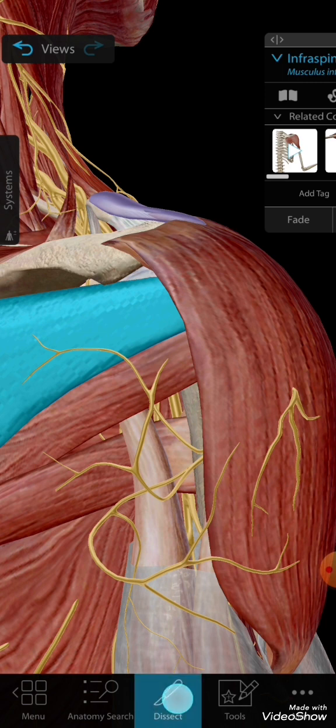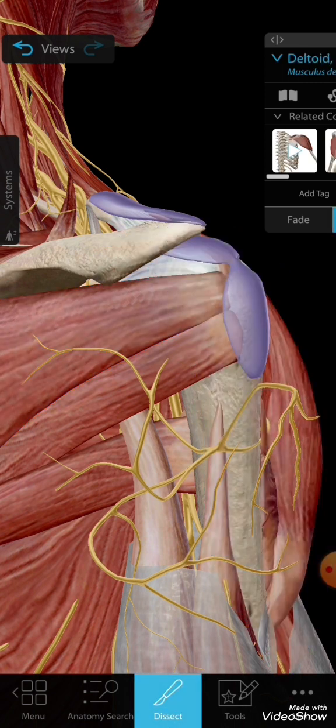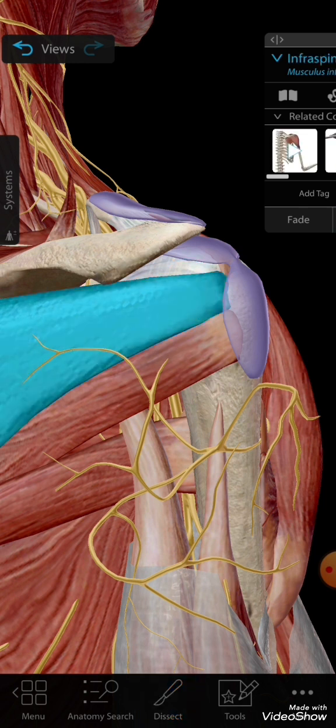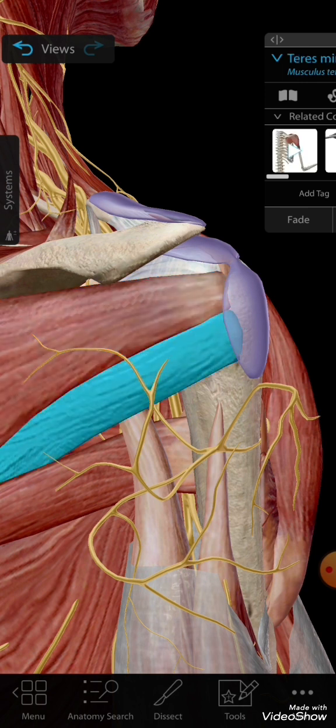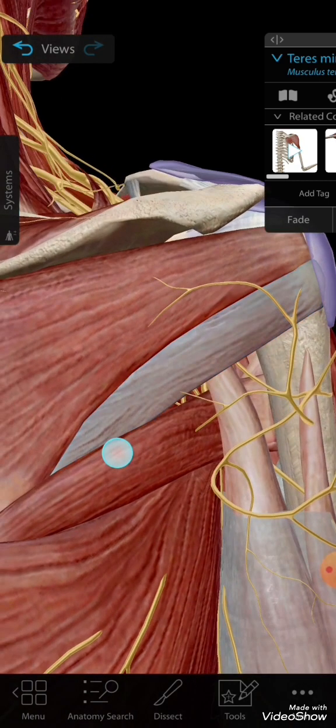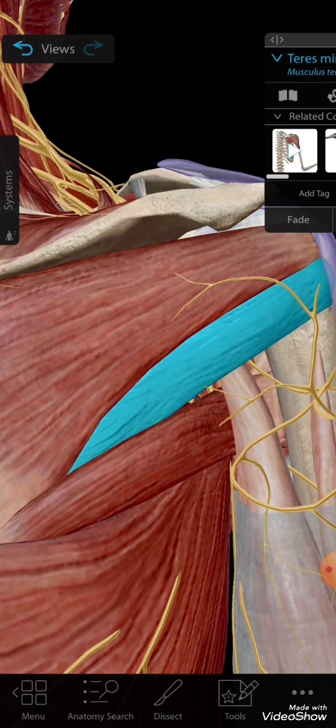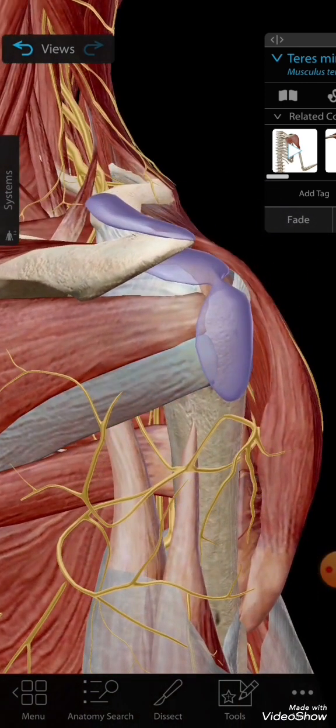As you can see, if I cut this deltoid, now you are looking very clearly at this insertion. This was the infraspinatus and below it is the teres minor. Now teres minor, from where is it taking its origin? It is getting origin from the upper 2/3 of the lateral border of the scapula, and again it inserts on the lowest impression of the greater tubercle of the humerus.